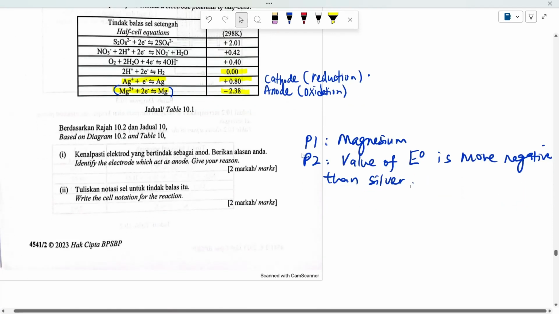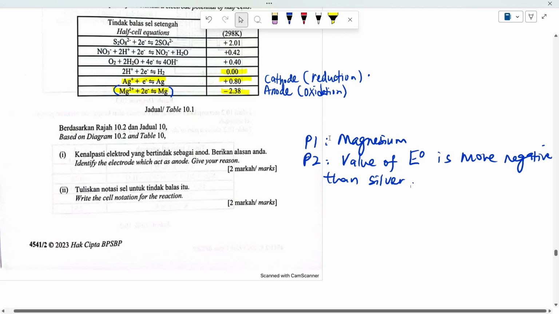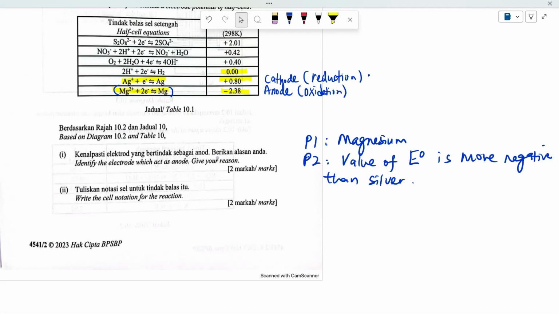You mean which one, P2? Yeah, because you need to give a reason, right? It's 2 marks.